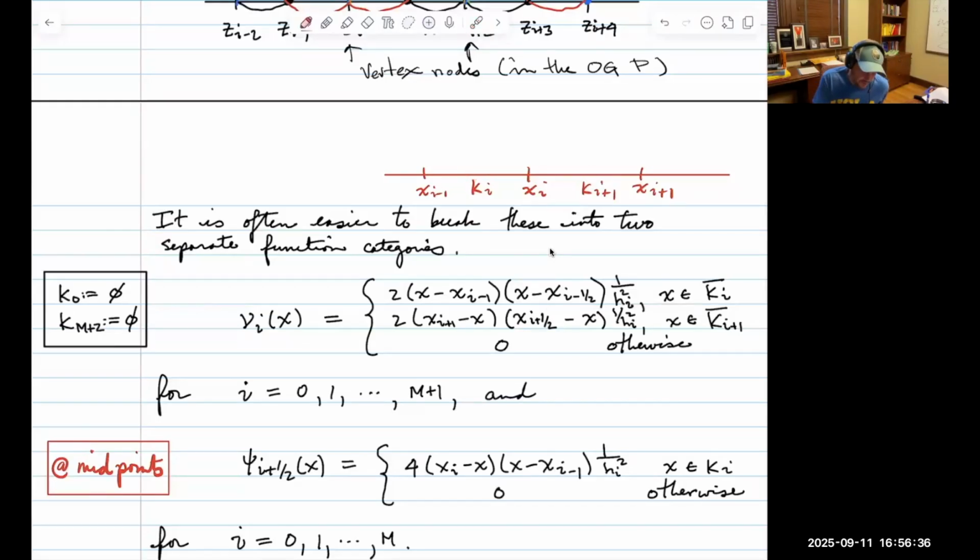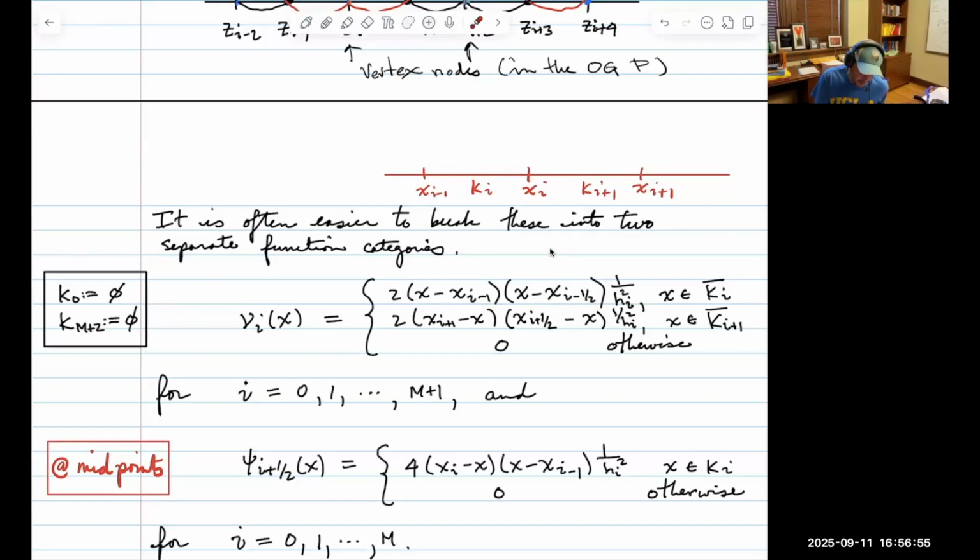But notice what these two quadratics are saying. It's very simple, right? This quadratic, this guy here, has to be 0 at x_{i-1} and x_{i-1/2}, the midpoint.